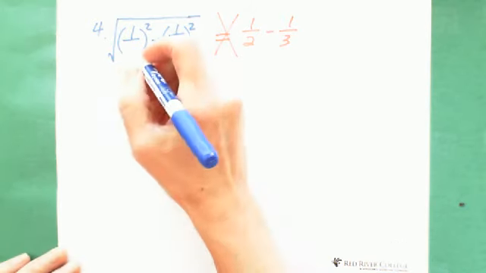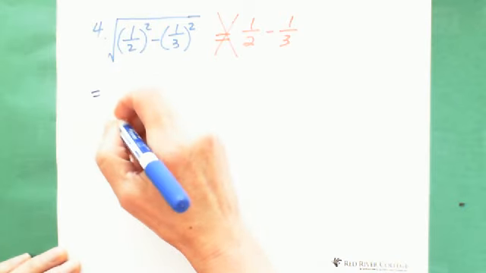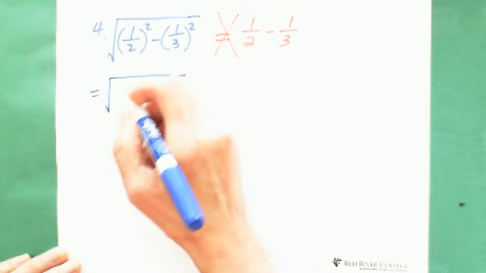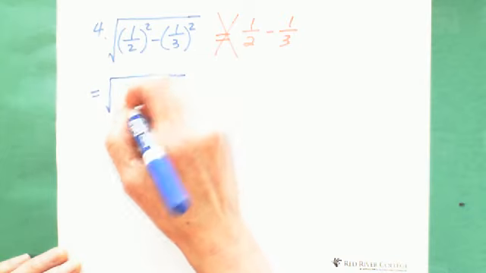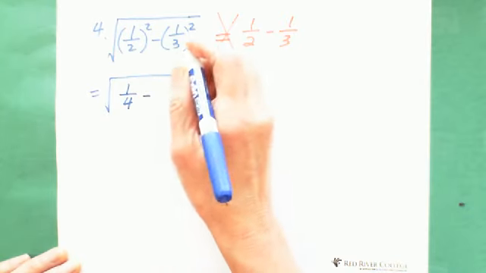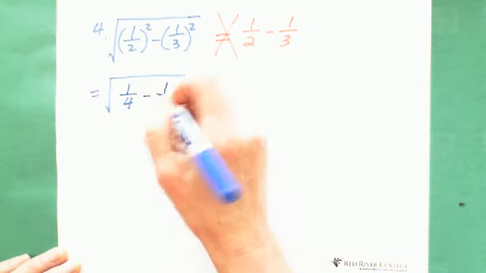So we first do this part. 1 over 2 squared is squaring top and bottom, which becomes 1/4. And minus 1 over 3 squared is 1 over 9.